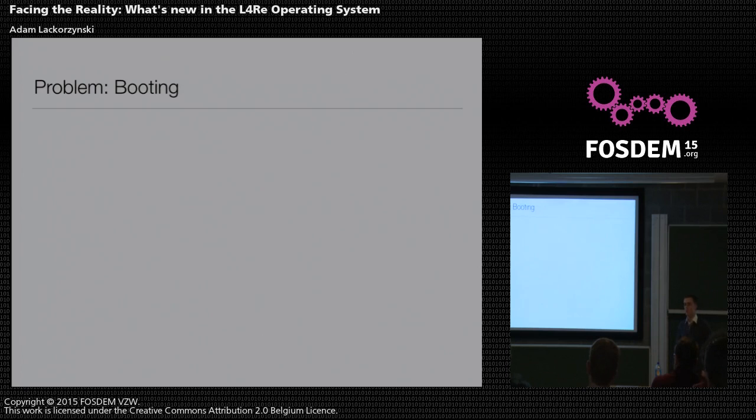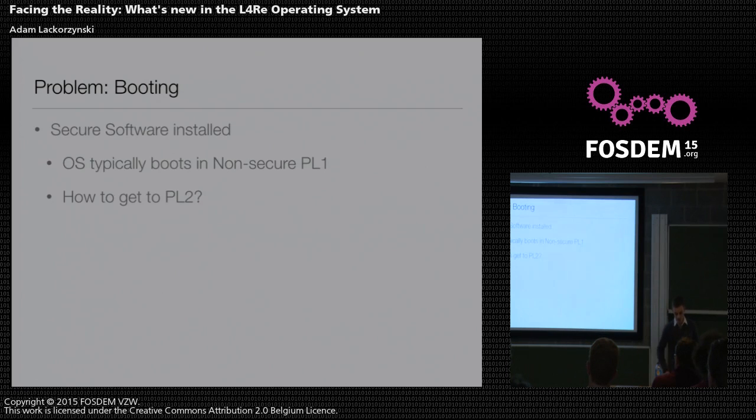But there's a problem, and the problem is booting. If there is some secure software installed on the TrustZone side, then usually the platform boots in non-secure PL1 mode, and this doesn't allow you to switch down to PL2 mode, so into the HYP mode.